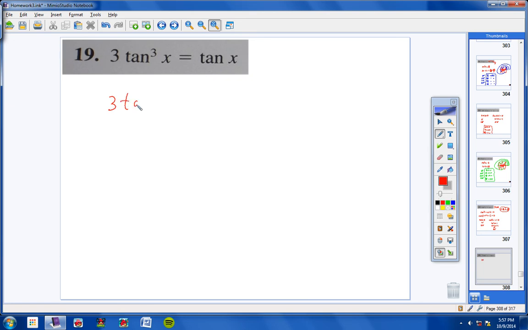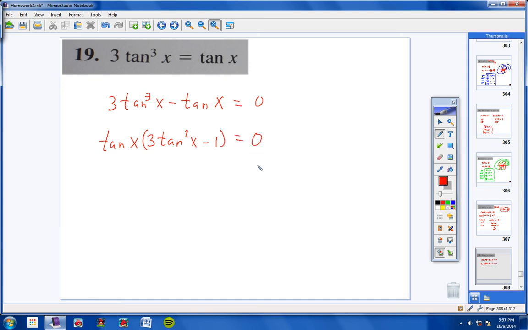I'm going to bring the tangent over. And then factor out a tangent. So I'm left with this right here, okay?